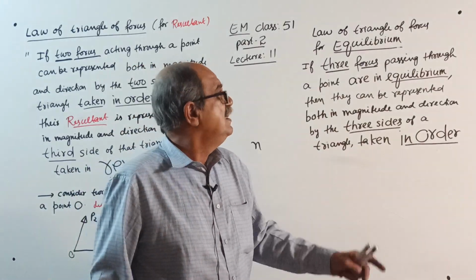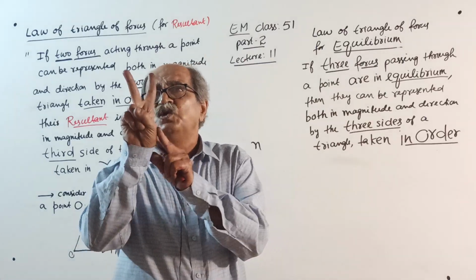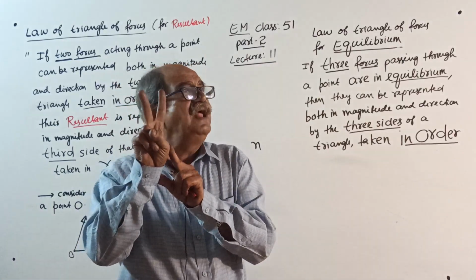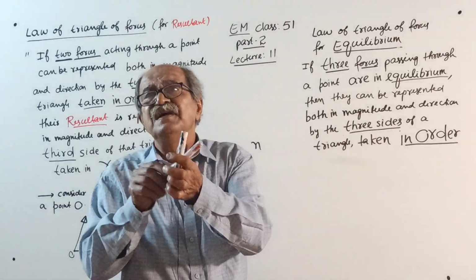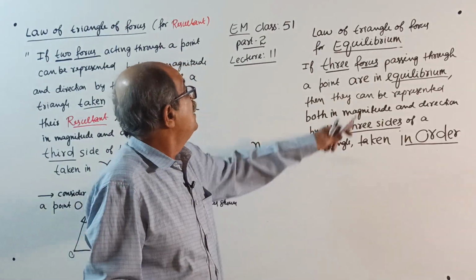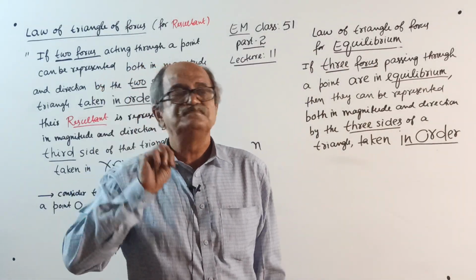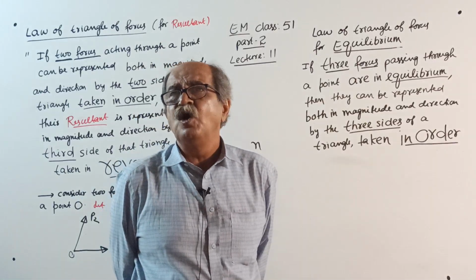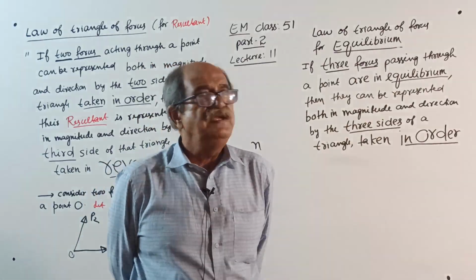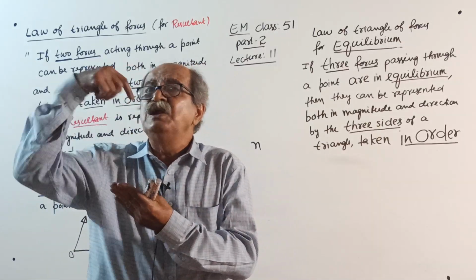That is it. Law of triangle of forces, general, is for two forces. But some will tell, sir, triangle, three. Okay, two forces, next one is resultant. And equilibrium, three forces. Why? There is no resultant. Suppose there are 8 forces. I am going to law of polygon of forces. 8 forces are there. 8 forces plus one resultant will come.